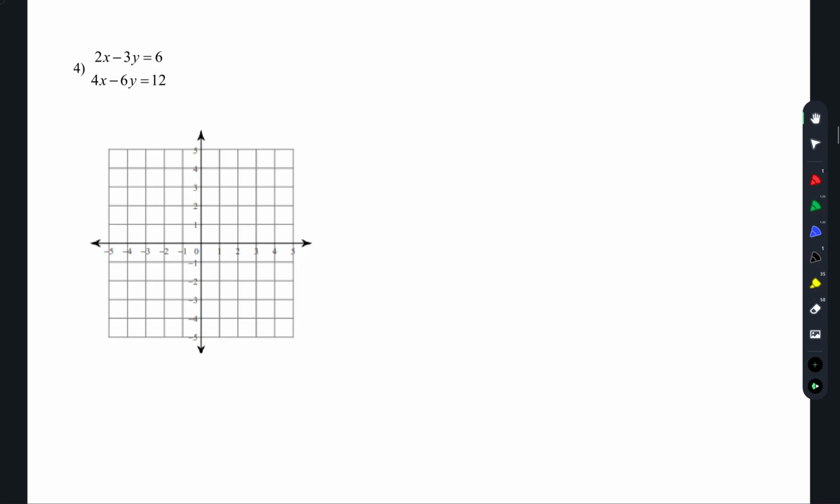All right, last but not least, is this last one. So I'll show you another way to graph these. If you want, you could graph it using intercepts. So like 2x minus 3y equals 6. Remember we did this thing? You don't have to solve for y every time. You could plug 0 in for x, 0 in for y, and get those points.